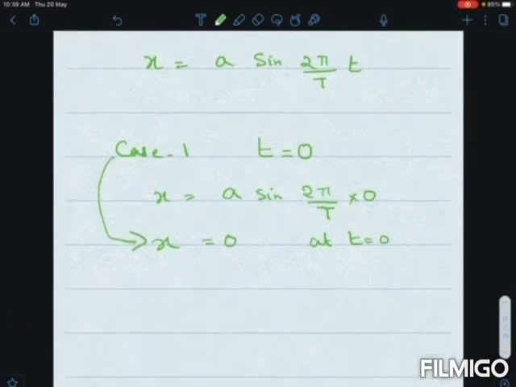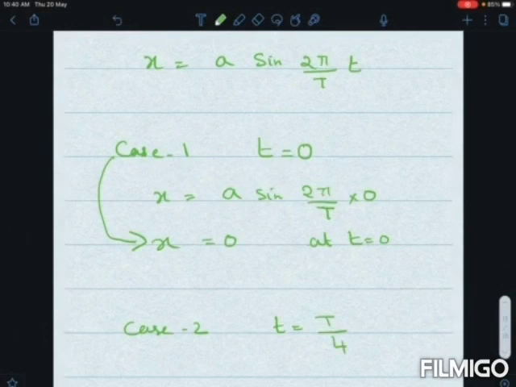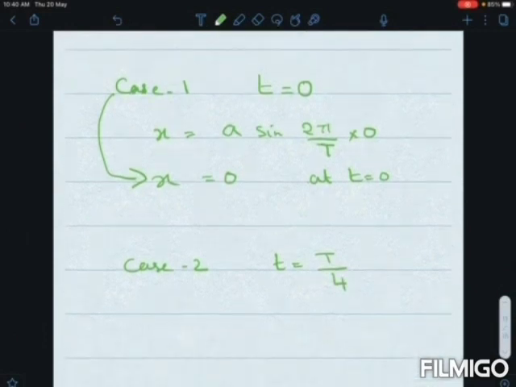In the next case, case 2, t is equal to T by 4, when it reaches 1/4 of its period. Now what happens?